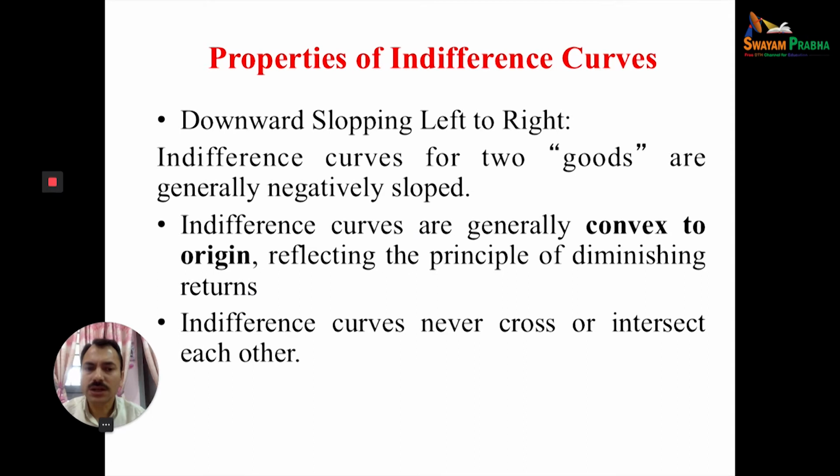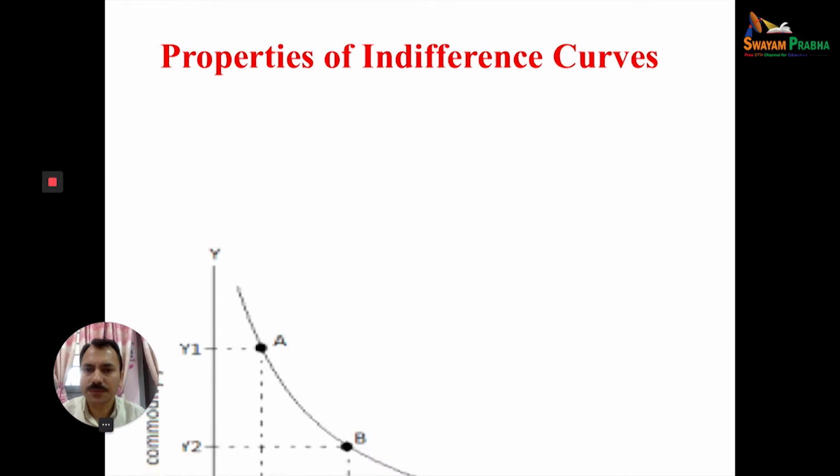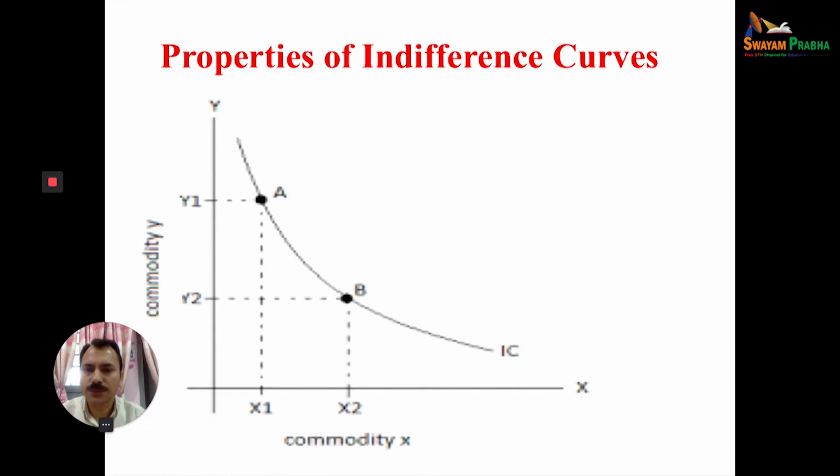Indifference curves never intersect or cross each other. The first properties we can see with the help of this diagram. On the X-axis we have commodity X and on the Y-axis we have commodity Y, and IC is the indifference curve.